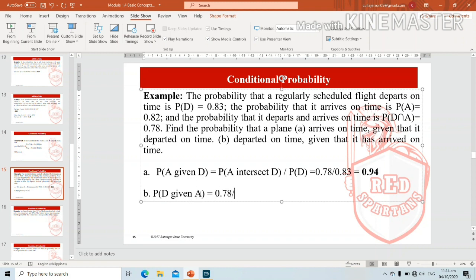Then, i-divide natin sa probability ng A. Ang probability ng A natin ay 0.82. So, 0.78 over 0.82 is equal to 0.95. Yan yung answer natin for this example.